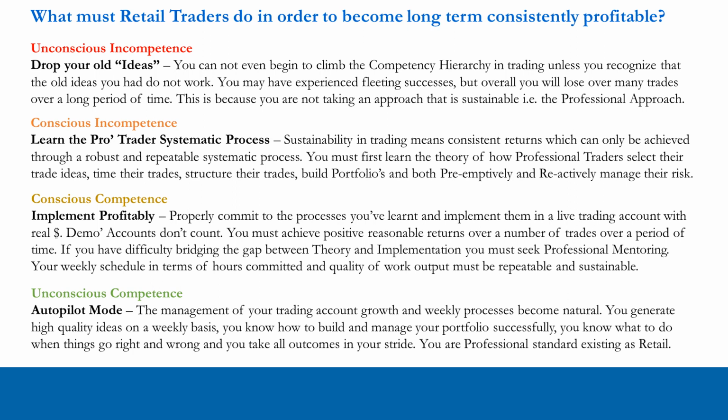You've got to first learn the theory of this systematic process. And that's going to keep you at the next level. So you first learn the theory of how professional traders select their trade ideas, how they time their trades, how they structure trades, and how they build portfolios and both preemptively and reactively manage risk. That's going to get you to the next level.